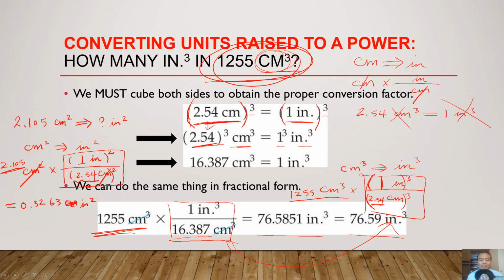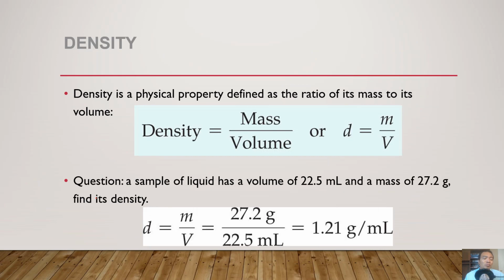Okay. All right. We have one more topic to talk about, which is density. So density is a physical property that can be measured without changing the identity itself. You simply measure the mass and the volume and divide the mass by volume. You would have the density. All right.